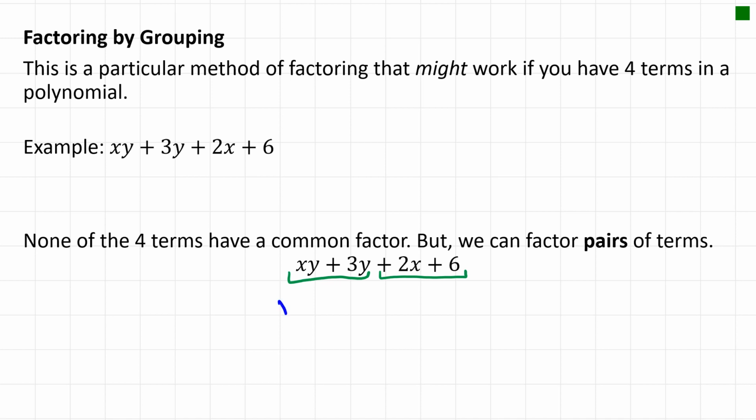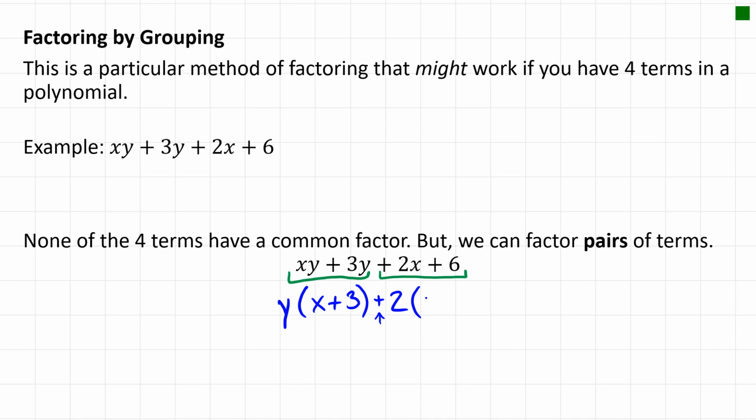So in this first group, I can factor off a y, and I'm left with x plus 3. And in the second group, I can factor off 2, and it's going to be a positive 2 that I'm going to factor off. So this plus has to be here. That's very important because it's separating the 2 terms.